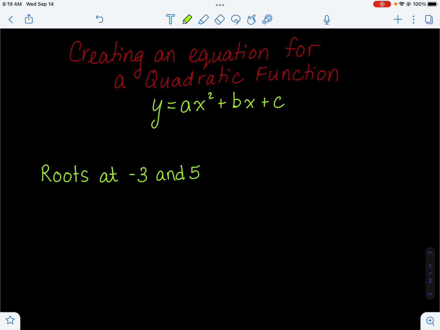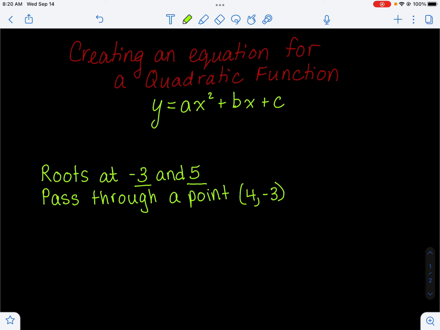Say we know that. And maybe we also know it will pass through a point at 4 and -3. So let's say that's the information we know. So we know it has these two x-intercepts and we know it goes through a point. Let's just draw a rough sketch so we can see what it looks like.